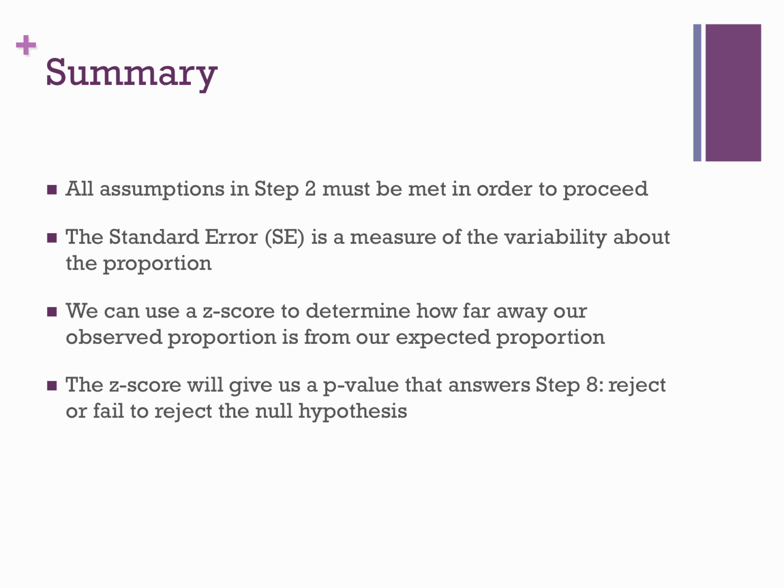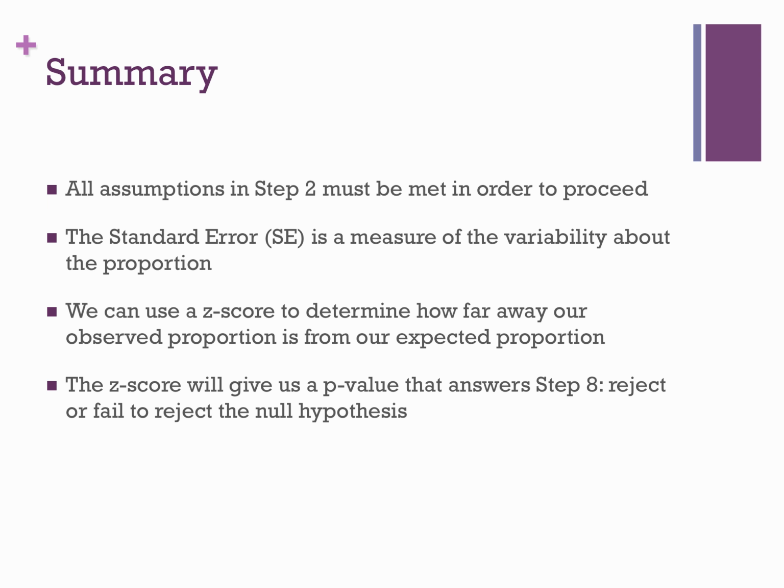All assumptions in step 2 must be met in order to proceed to steps 3 through 10. The standard error is a measure of the variability about the proportion. You can determine a standard error for any proportion. Recall in our example here, we talked about the standard error associated with the null proportion. We can use a z-score to determine how far away our observed proportion is from our expected proportion. Remember, if they are similar, we expect the z-score to be near 0 because p-hat and p-naught would be close.